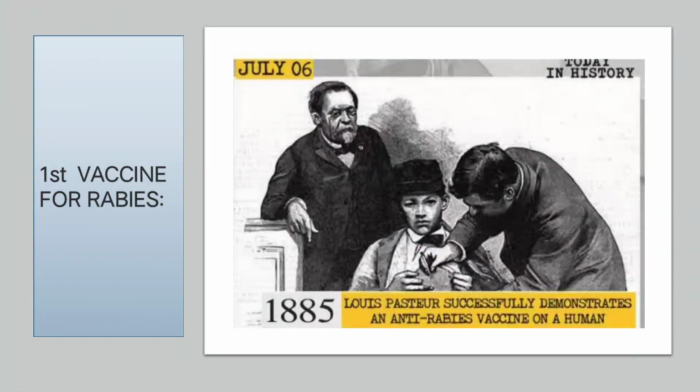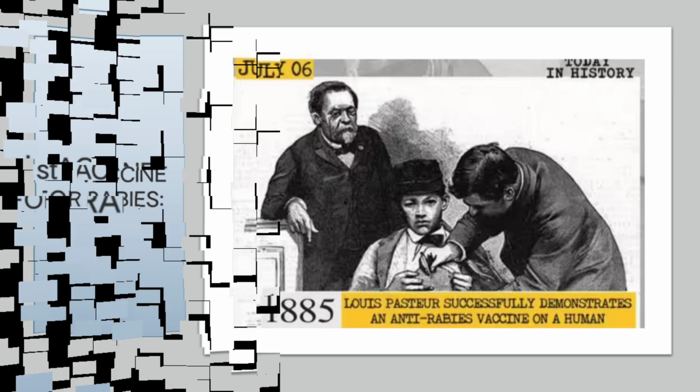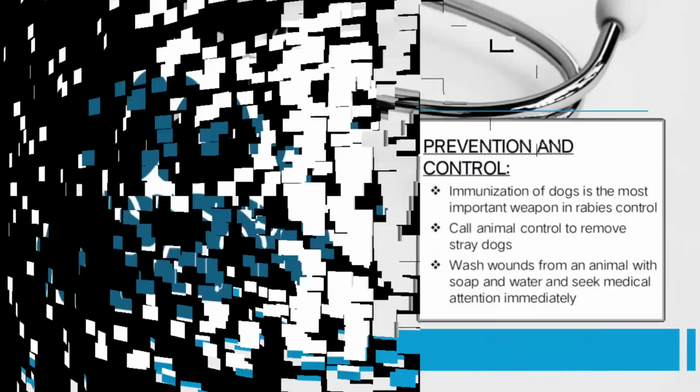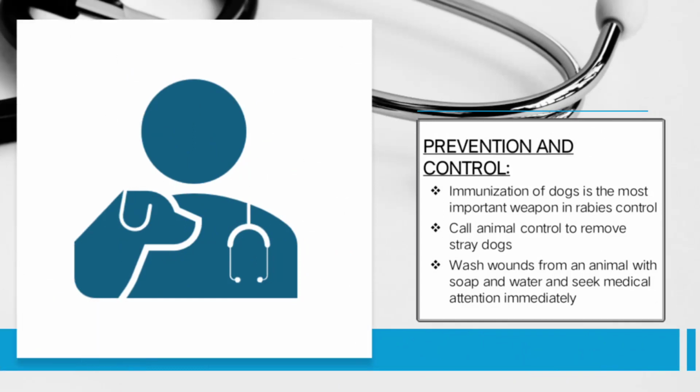Next, the first vaccine for rabies was discovered by Louis Pasteur in the year 1885. Next, prevention and control. Immunization of dogs is the most important weapon in rabies control.